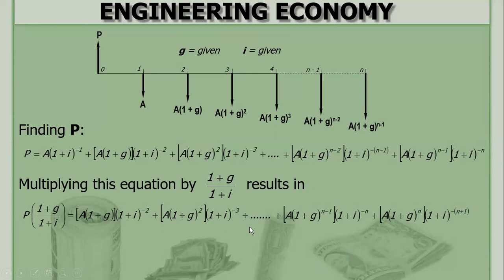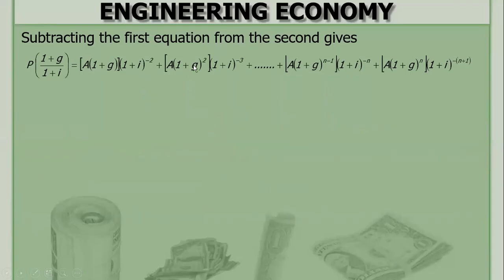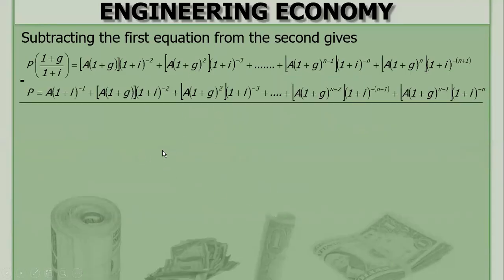So, after this, subtract first from the second. So, this equation minus this one. Second minus first. When we subtract, we can observe that this term will be cancelled. They are the same, so they cancel. This term cancels with this one.